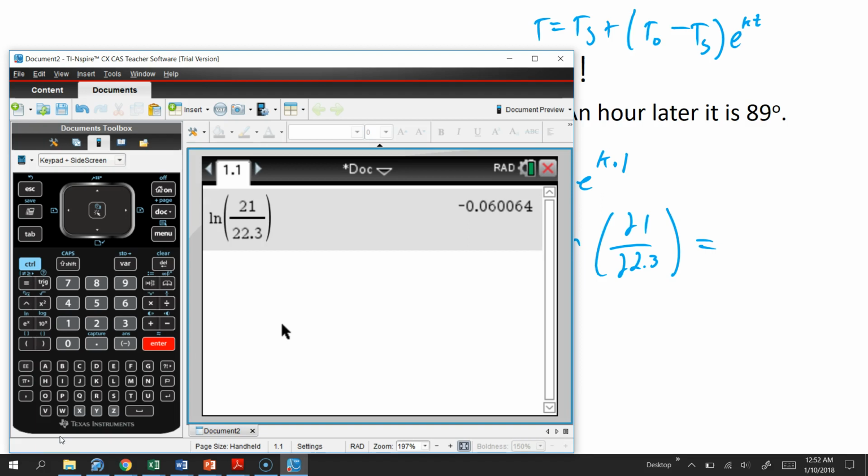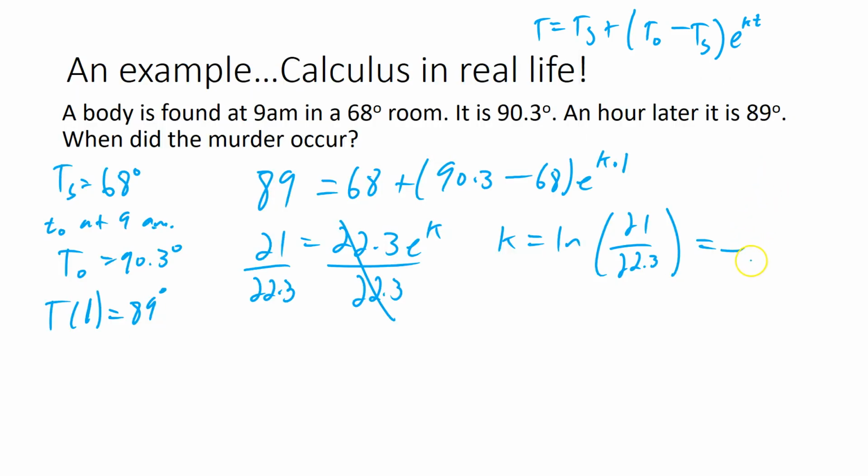You want to use as many decimal places as you can for this, because we haven't solved the problem yet. We're going to use this in our solution. So I'm going to leave it in my calculator and grab it later. But for now, we can just write it's negative 0.060064. Okay, so we have our K.